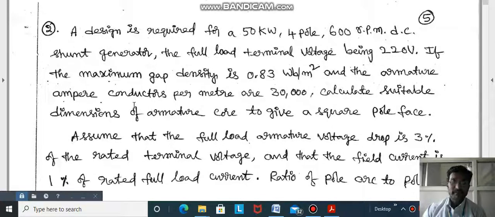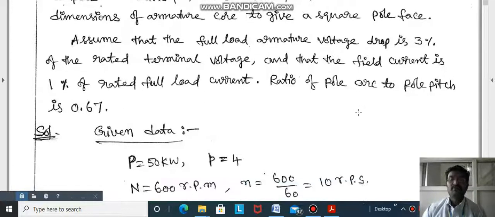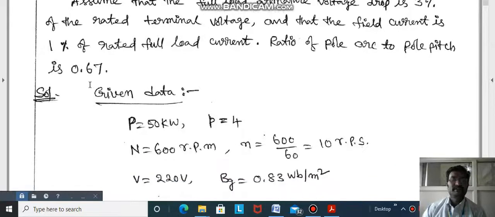Okay, so ampere conductors per meter is nothing but the small ac value, and maximum gap density. Okay, average flux density is not given. It's a maximum gap density of 0.83 webers per meter square. So assume that the full load armature voltage drop is 3% of the rated terminal voltage, and that the field current is 1% of the rated full load current. Ratio of pole arc to pole pitch is 0.67.